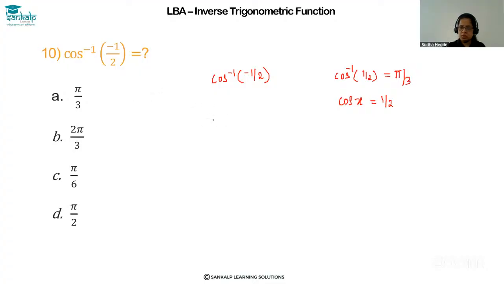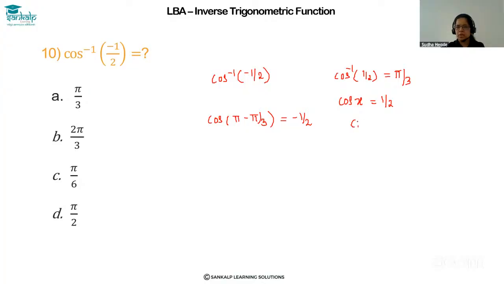In the second quadrant, cos is negative, correct? So, we take cos of pi minus pi by 3 is equal to minus 1 by 2. Because cos of pi minus pi by 3 is what?